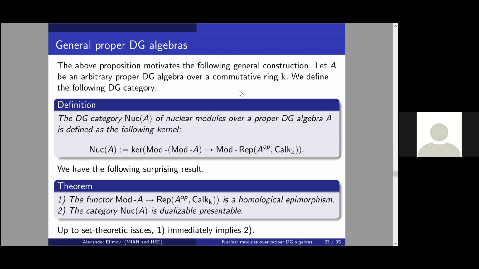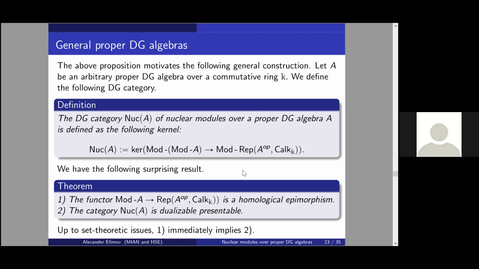So in this geometric setup, this is some enlargement of the category of nuclear modules which Clausen and Scholze consider. But on the other hand, this category will give an answer to some general abstract question. It satisfies some universal property inside the dualizable world. Are there any questions at this point?